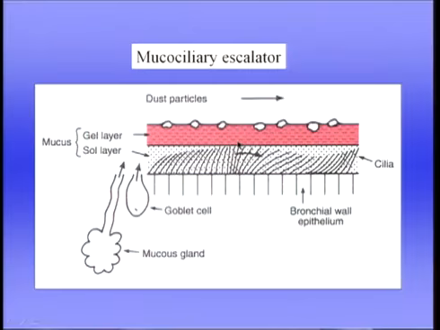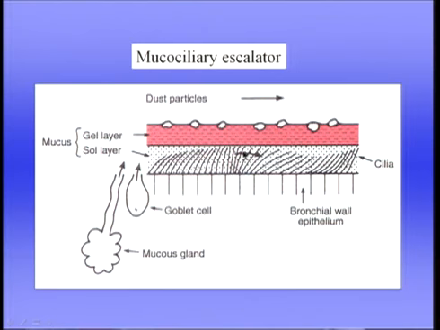And to me, it's very remarkable that this system works so well. You may think that all the mucus would pile up in the larger airways because it's converging from so many regions, but obviously the thickness of the sol layer has to be controlled very accurately because you must have the tips of the cilia just touching the sol layer and moving it, and so it's really a very good, elegant way of doing this, and we don't fully understand the complete regulation of the mucociliary escalator.